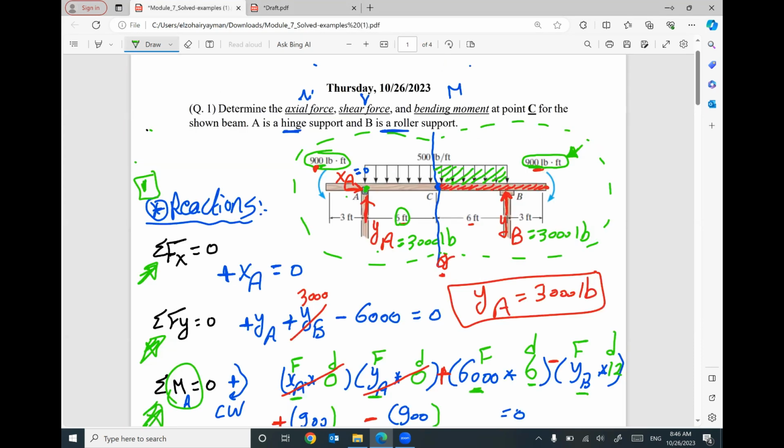One more time. Step number 2, at the given specific point C, I will do a cut. This cut or this section will divide your structure or your beam into 2 parts, one on the right, one on the left. Which part I'm going to use is up to you. I decided to use the right part. So what do you have on your right?